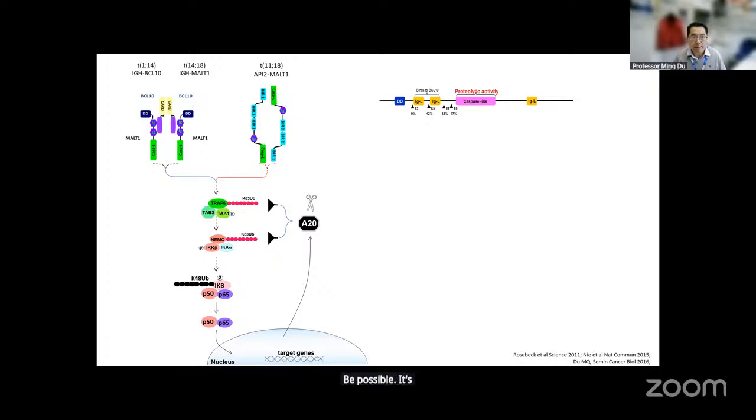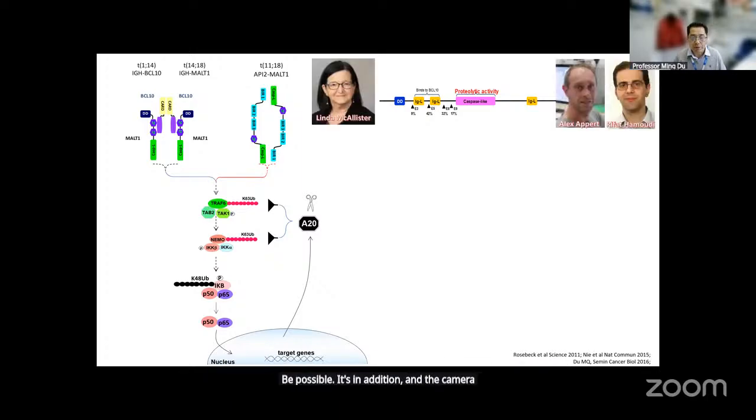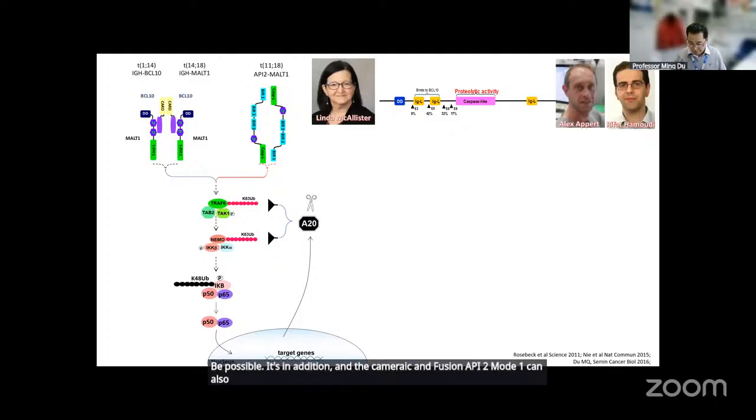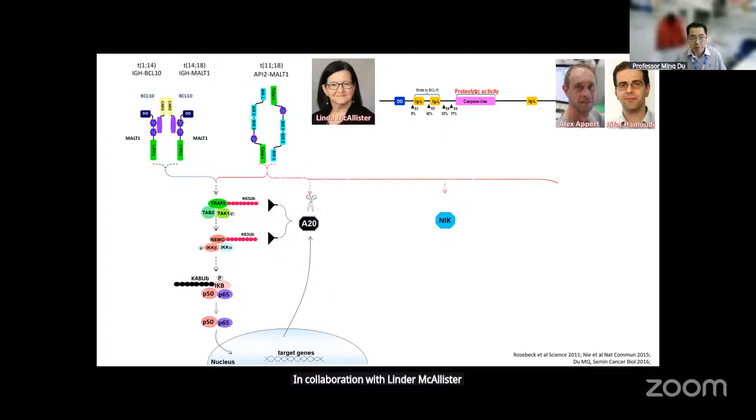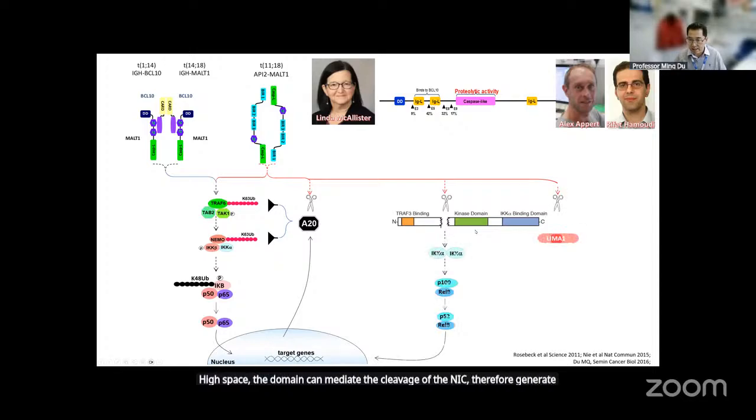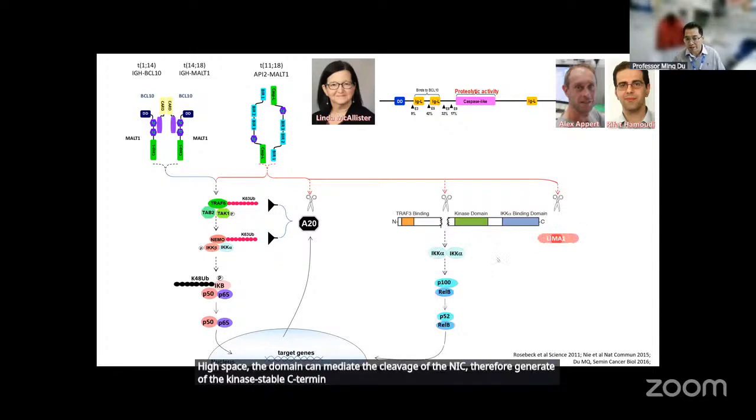In addition, the chimeric fusion API2-MALT1 can also gain additional functions. In collaboration with Linda McAllister, we have shown the API2-MALT1 chimeric fusion can interact with NIK, NF-kappa B inducible kinase, and through the C-terminal caspase-like domain mediate the cleavage of NIK, generating a kinase-stable C-terminal fragment which can activate the non-canonical NF-kappa B pathway.